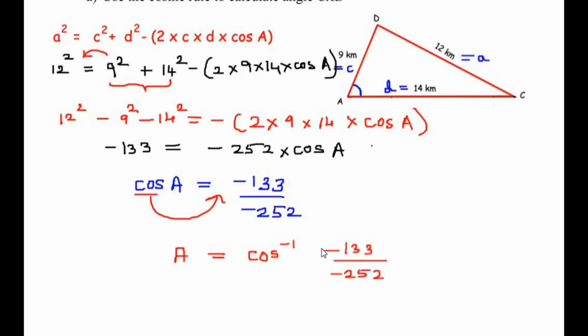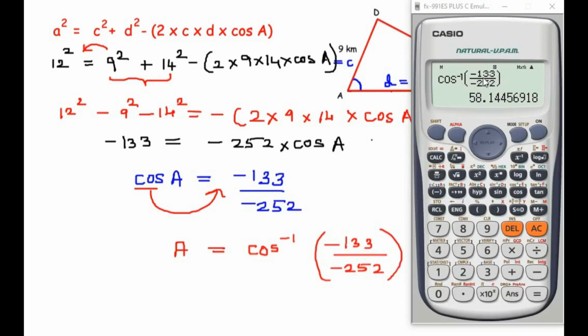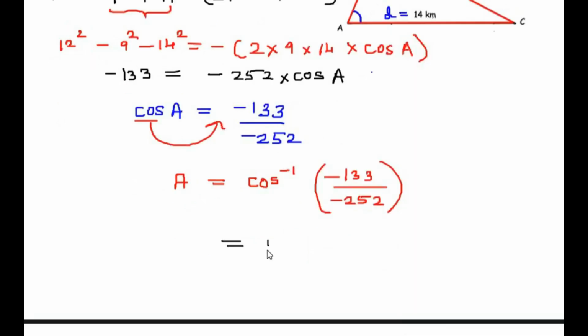Let us see how much we get for the angle A. Cos inverse of minus 133 over minus 252 will give us a value of 58.1445 degrees. So I'm going to round it off to 2 decimal places, so it is going to be 58.14 degrees.